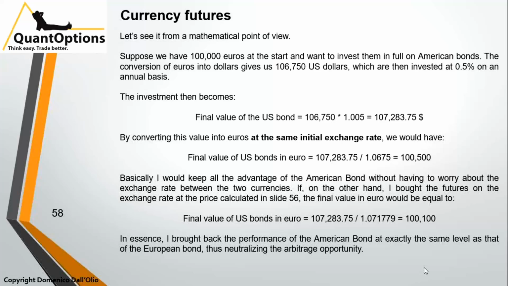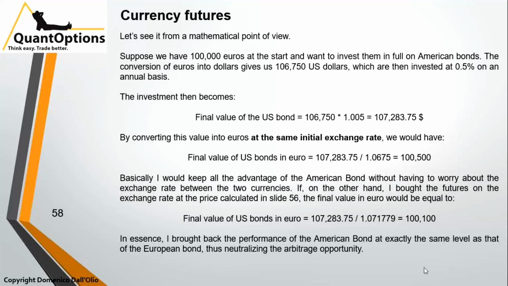The investment then becomes, at the end of the year, the final value of the US bond: 106,750 times 1 plus 0.50%, or 1.005. It makes 107,283.75 US dollars. And then, at the end of the year, we can convert this amount back into euros.